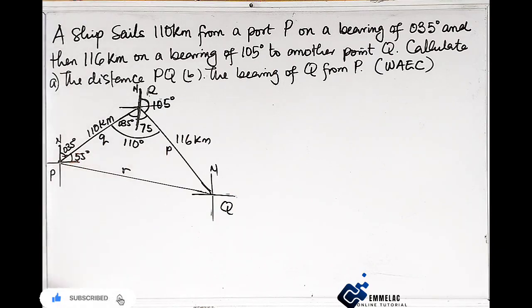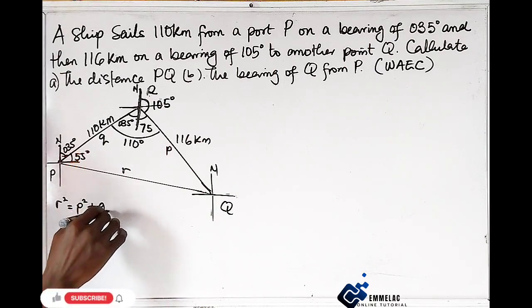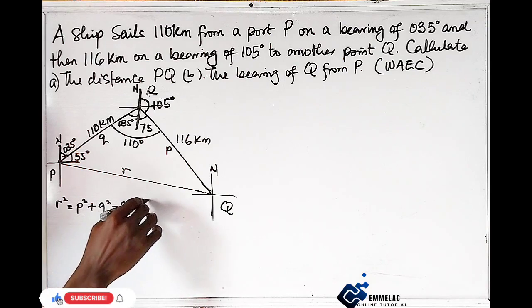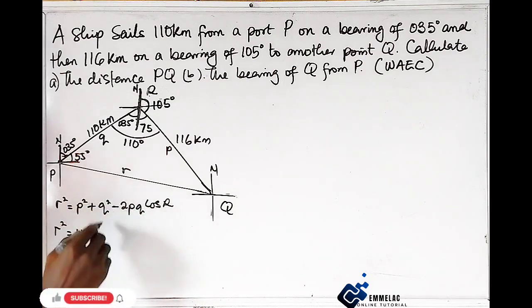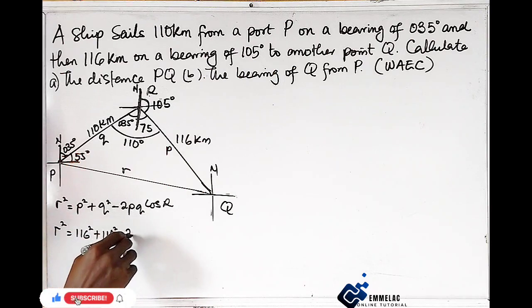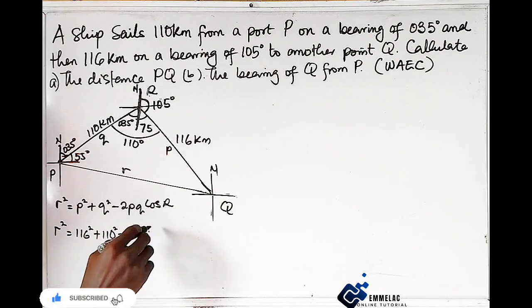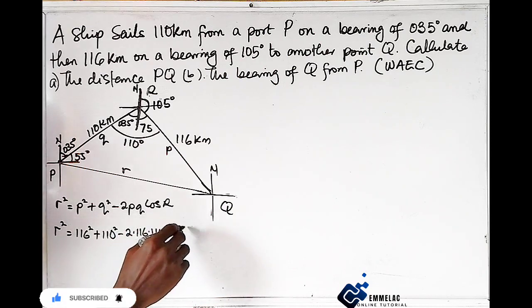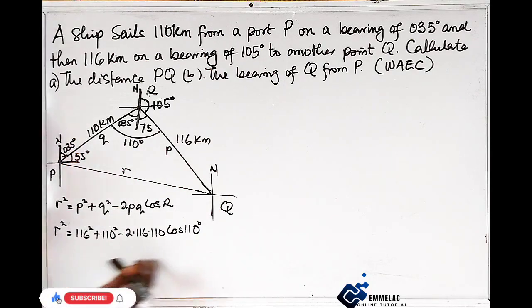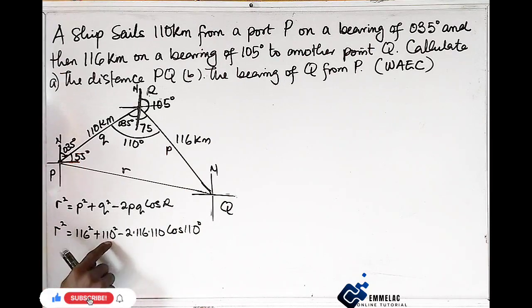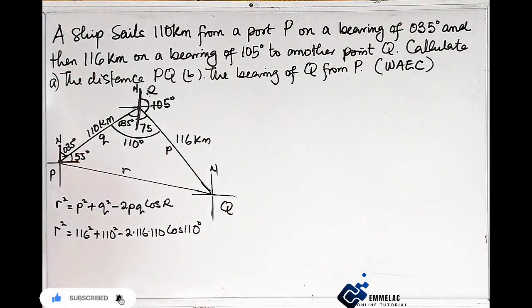So r squared equals p squared plus q squared minus 2pq cos R. Let us plug in the parameters: r squared equals 116 squared plus 110 squared minus 2 times 116 times 110, then cos 110 degrees.